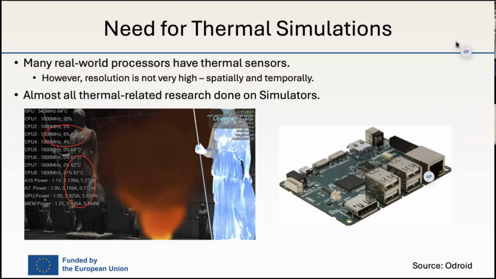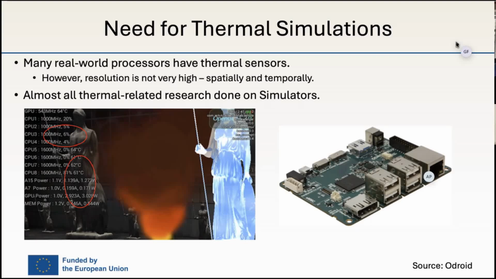But one of the main problems we see with real world thermal research is that the sensors on real processors do not have very high resolution spatially or temporally, which basically means that maybe there is only one thermal sensor somewhere on the processor, which cannot capture the hotspots forming all over the processor. So it does not have the spatial resolution.